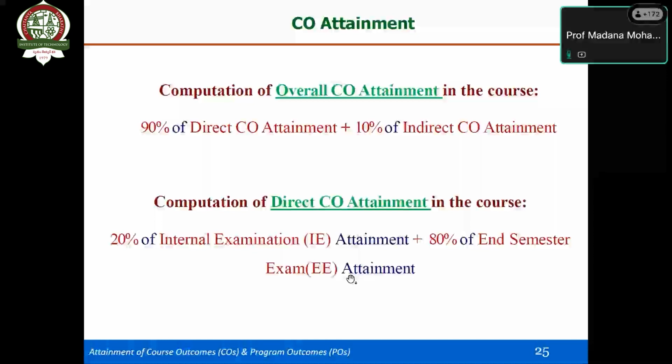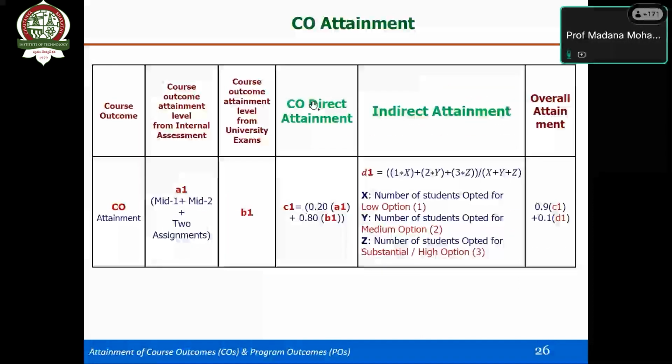Now 0.2 into internal plus 0.8 into external attainment value. The same thing is mentioned here. So for CO direct attainment, let us assume C1 equals 0.2 into A1, where A1 is the internal attainment, plus 0.8, that is 80% external, into B1, where B1 is the external examination attainment. This is the CO direct attainment.